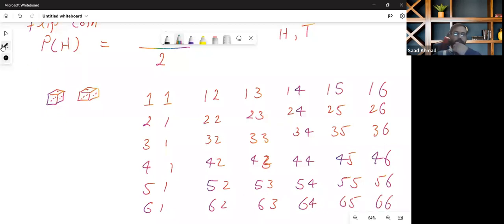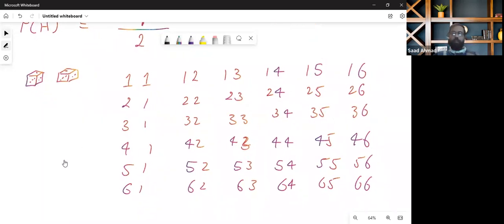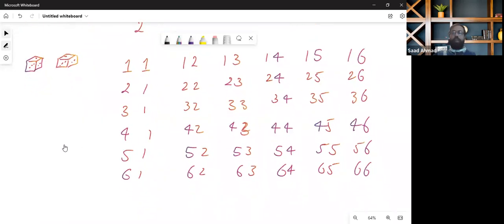These are the numbers that can appear on top when you roll it, the first die and the second one. So these are the total possible outcomes that can happen if you roll 2 dice at once.